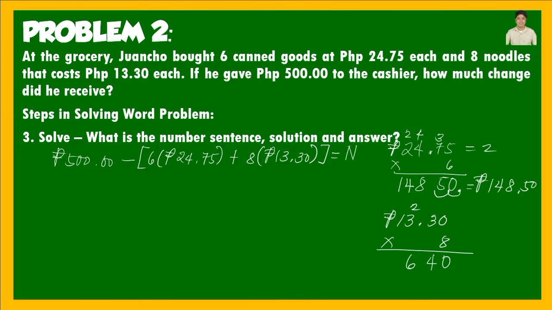So sulat natin 6 and then carry 2. So 1 times 8, 8 plus 2, 10. And then dalawa din po yung decimal places dito sa 13 pesos and 30 centavos. So magmo-move tayo ng dalawa. So therefore, our final answer is 106 pesos and 40 centavos.